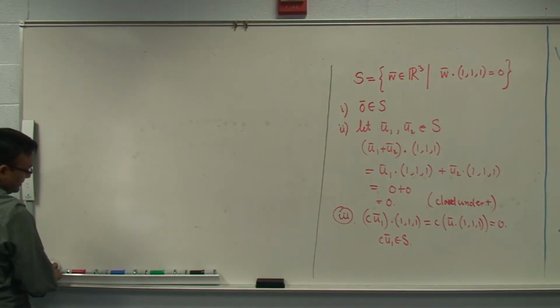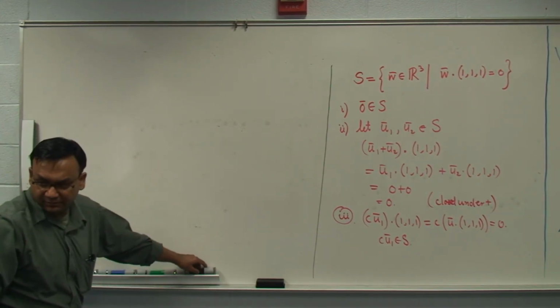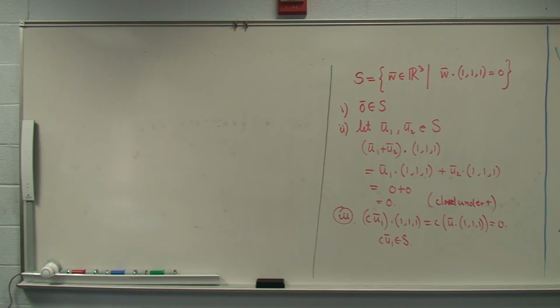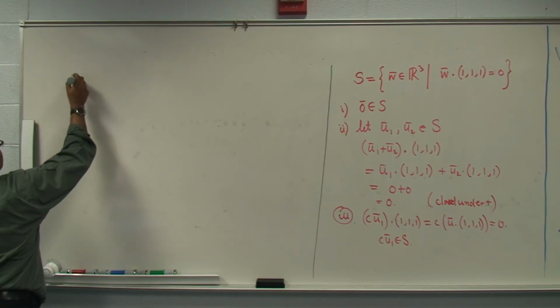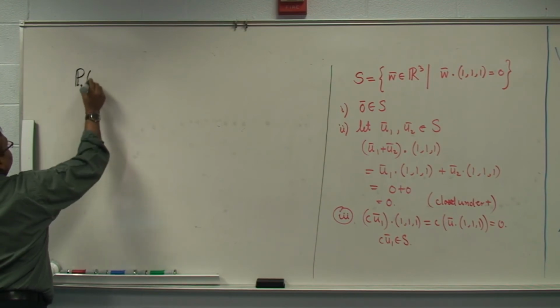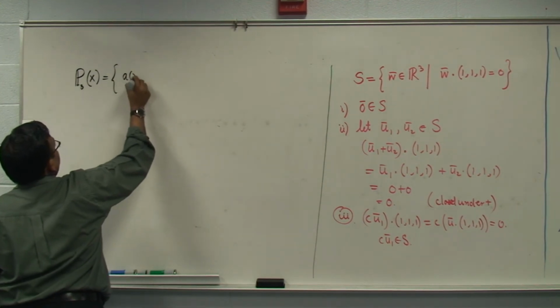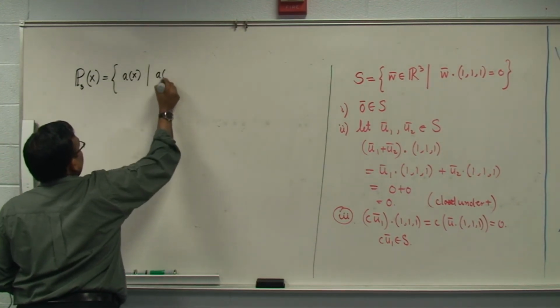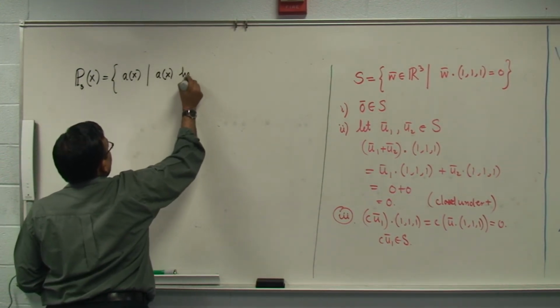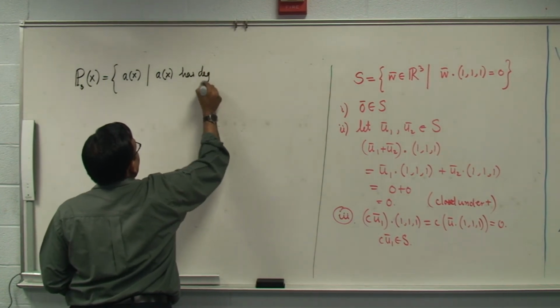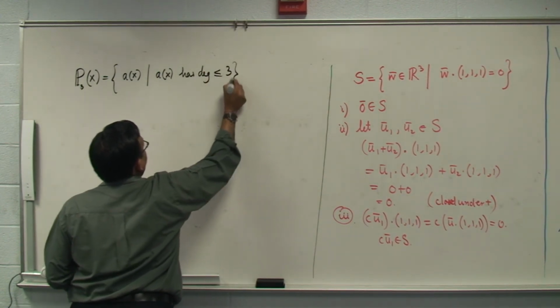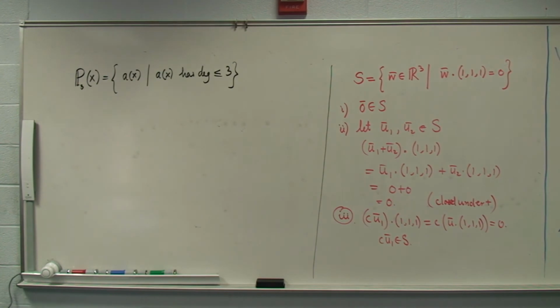In fact, let me do another example of something which is slightly different from usual things. Remember our polynomial space? So these are all polynomials, and we convince ourselves that it has the vector space structure.